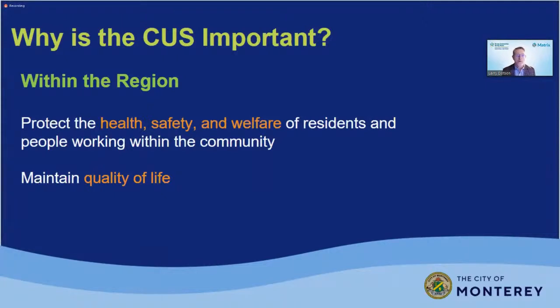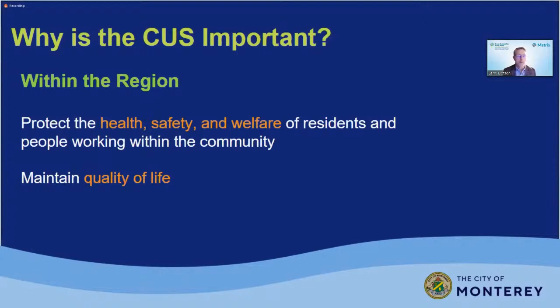With regard to the North County, health, safety, and welfare really applies across the board, both to personnel that work on military installations and to community residents. There is a shared equity in terms of public safety with regard to the risk of wildland fire and safe evacuation of the peninsula.